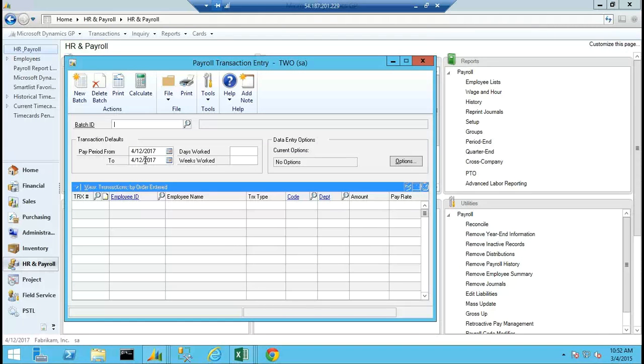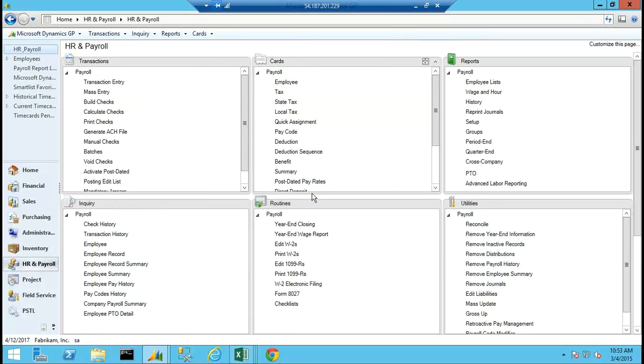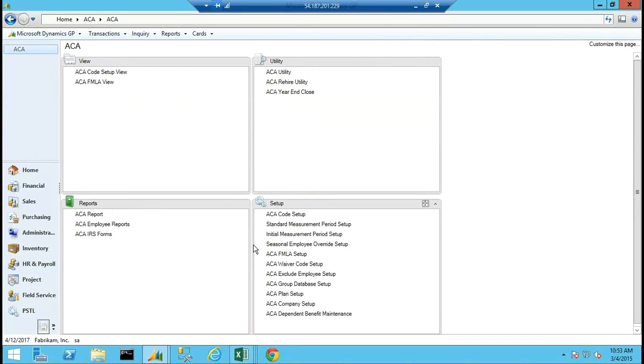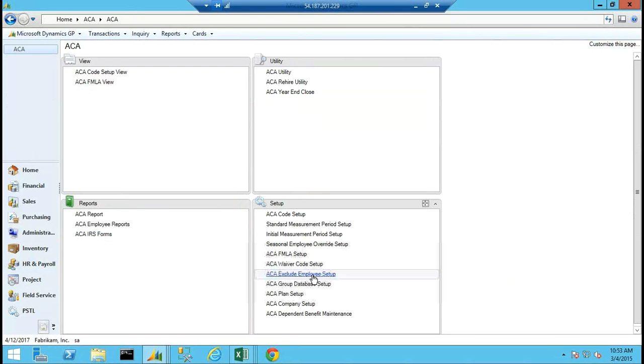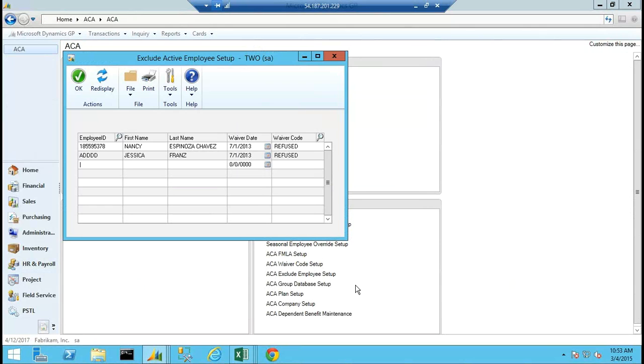But remember this: the IRS says that there's no code for a waiver. There's a code for an offer. If you offer coverage to all your employees, you can assume that they were all offered access to that coverage. You have the option, if you want to really keep track of it, to keep track of waivers.